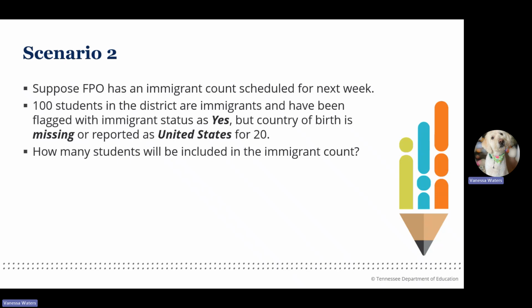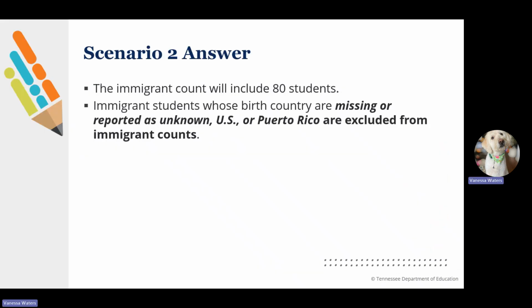Give you a second to think about that one. The answer is the immigrant count will include 80 students. Immigrant students whose birth country are missing or reported as unknown, U.S. or Puerto Rico are excluded from immigrant counts.